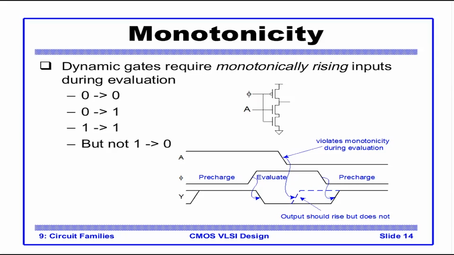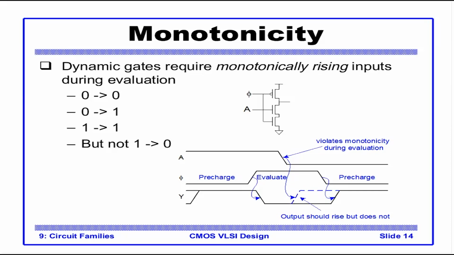And why is that? Let's say during the pre-charge mode, Y will always be 1. Now let's say during evaluate mode, A was 1 during the pre-charge mode, and during evaluate mode, A went to 0. During evaluate mode, the pre-charge PMOS is off and the foot NMOS is on.